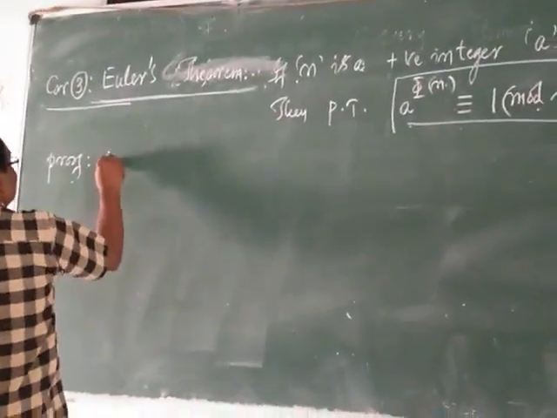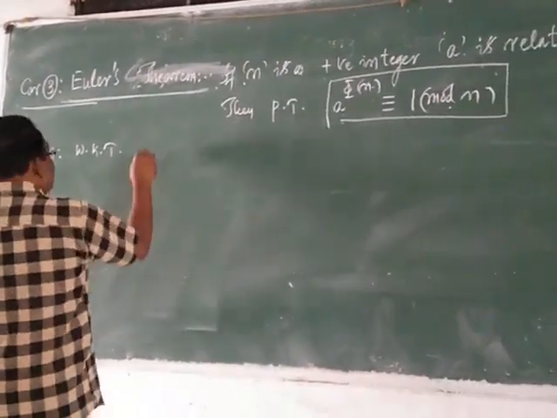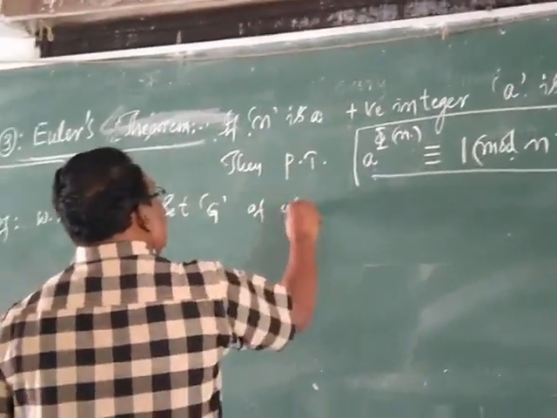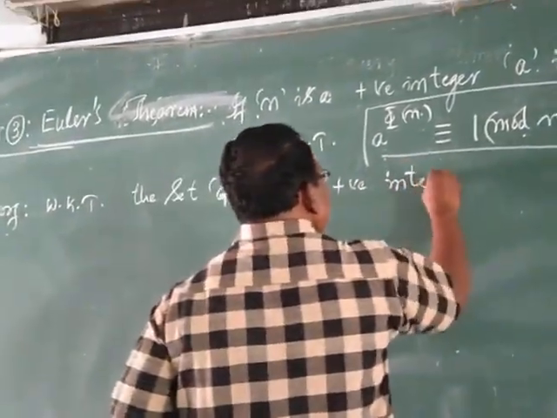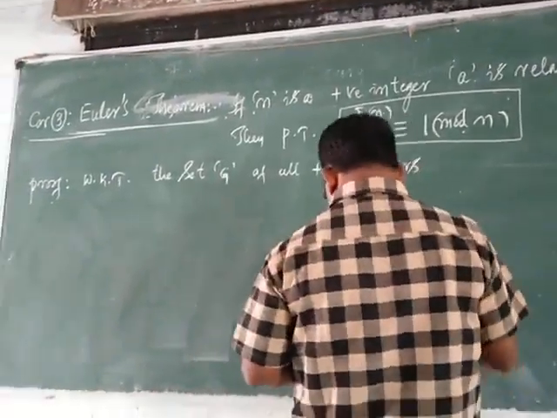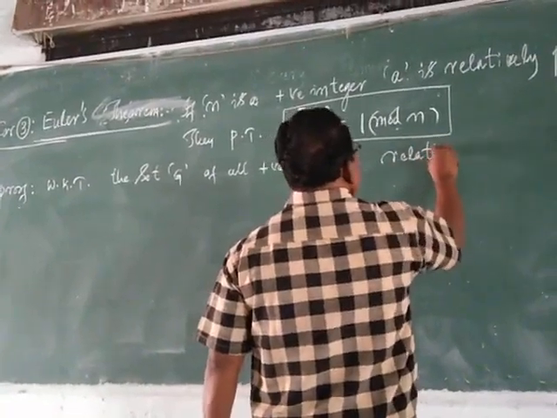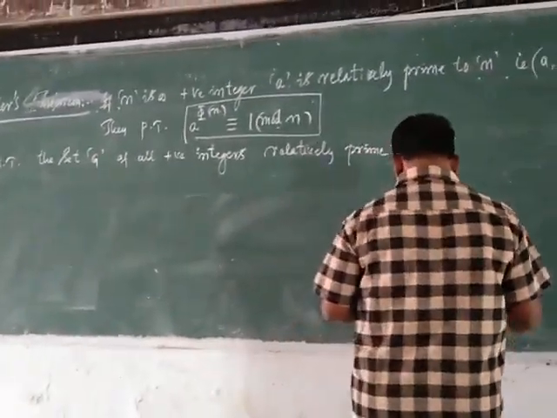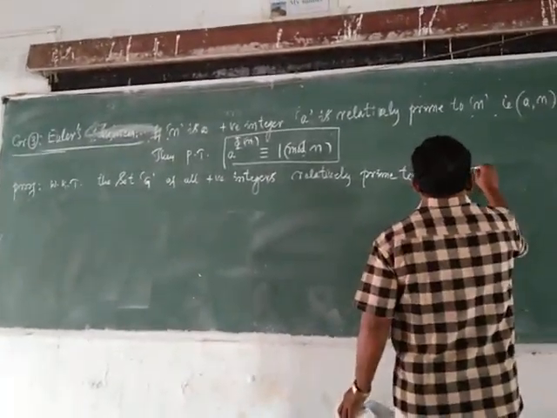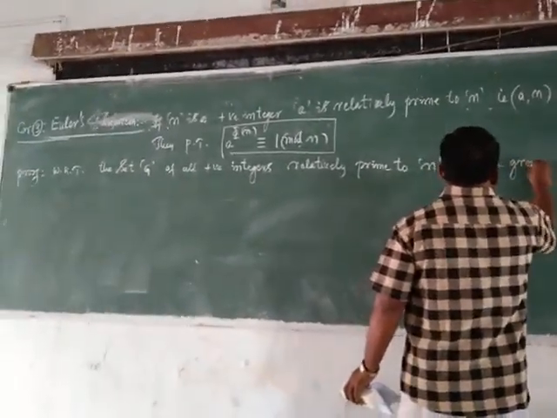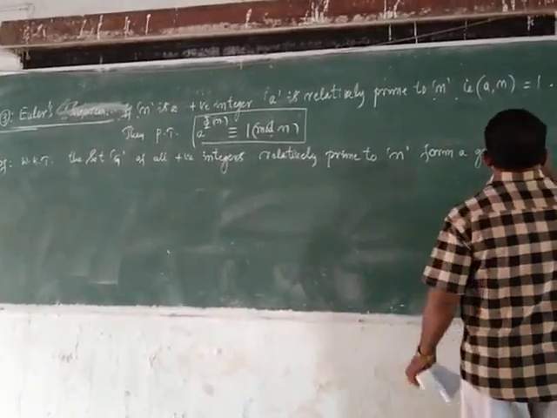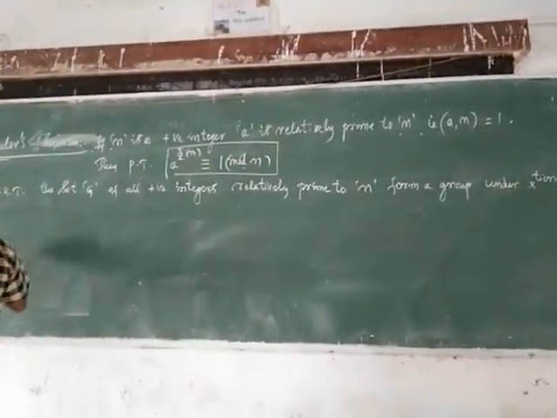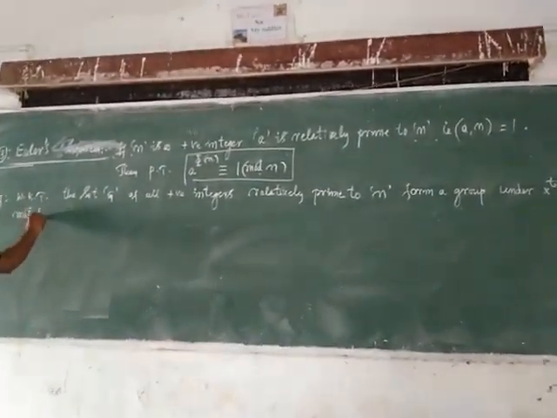We know that the set G of all positive integers relatively prime to n forms a group under multiplication modulo n.